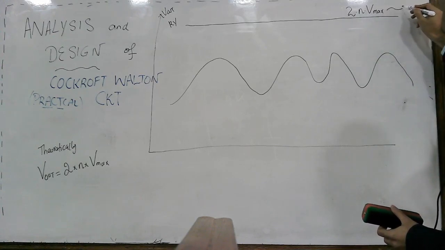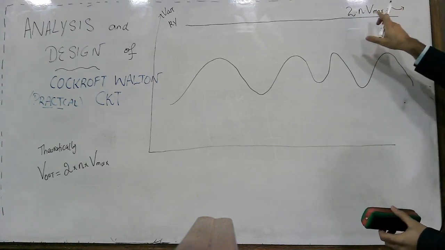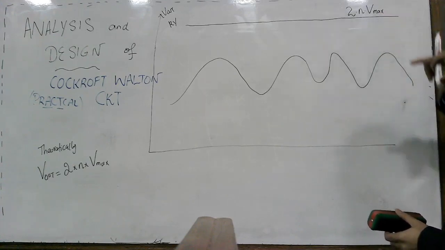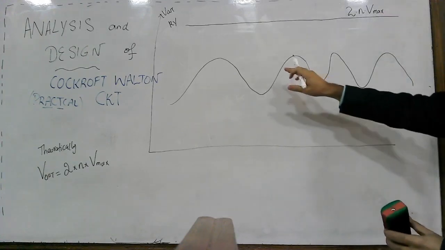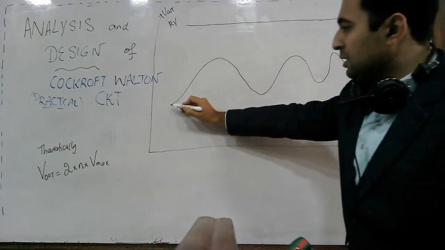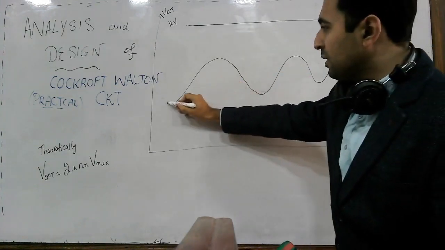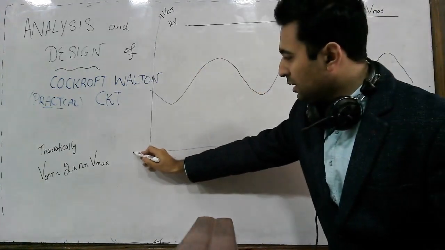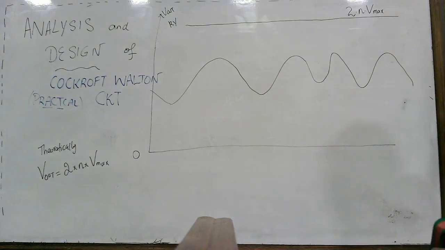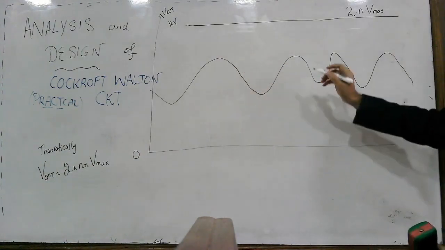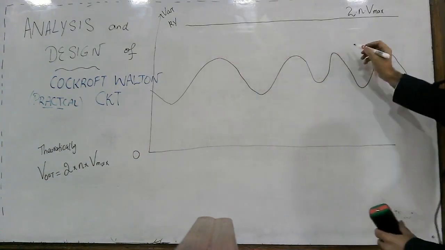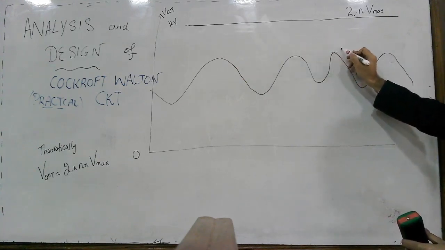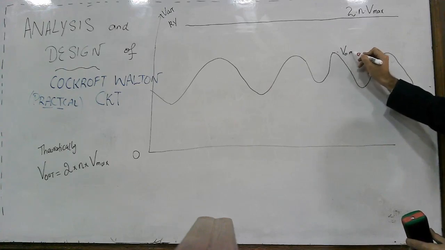Now what is V max? This is the peak value of the input AC power voltage. Now this is the charging and discharging behavior of the output capacitor, and this is the 0 value, and this is the voltage waveform. This maximum possible value is known as V out max.